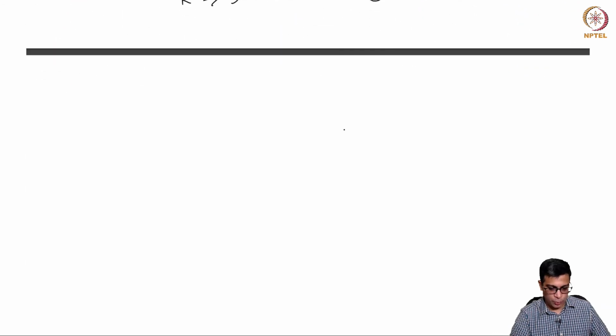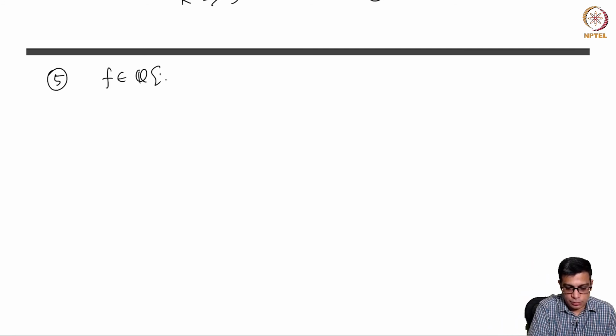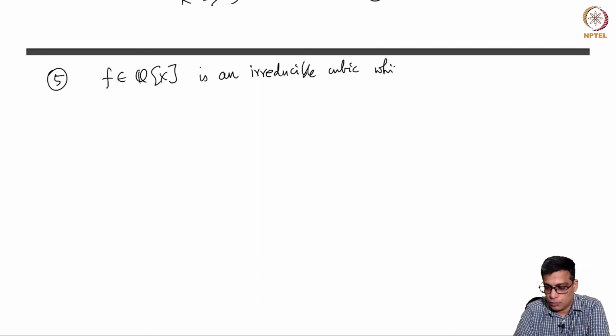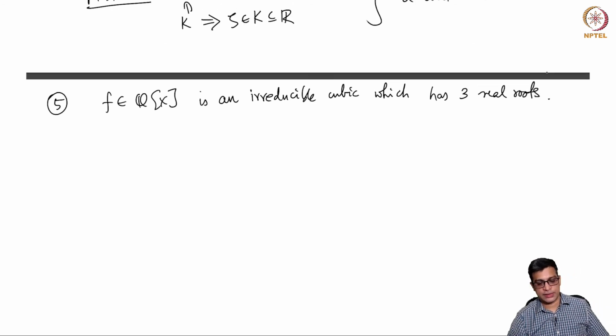So let me give you one more example which is exactly similar to this. Let us say F is an irreducible cubic which has 3 real roots. Okay, so we know that it has 3 complex roots and at least one real root, but I am taking an example where all 3 roots are real.